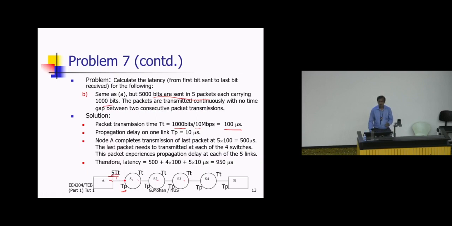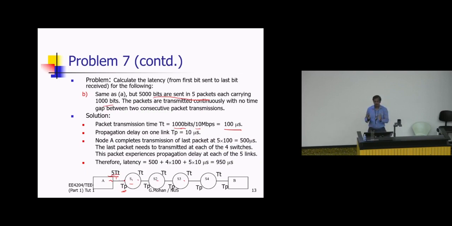When the last packet is received, what about the previous packets? Will it store all the previous 4 packets here? No, because as soon as it receives the first packet, it will send the first packet on the next link. It doesn't know that the 5,000 bit packet is divided into small packets.